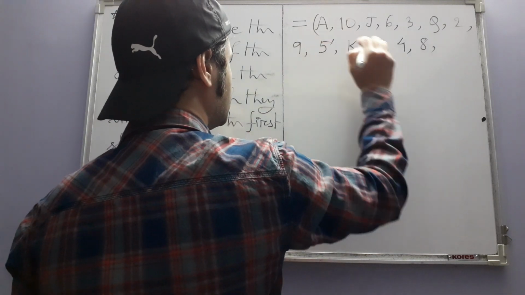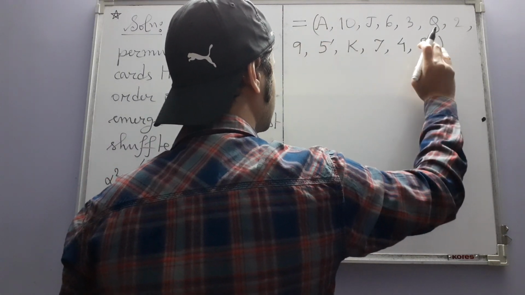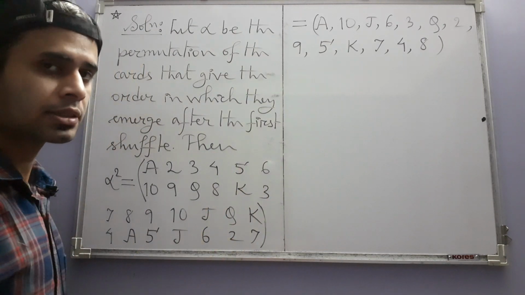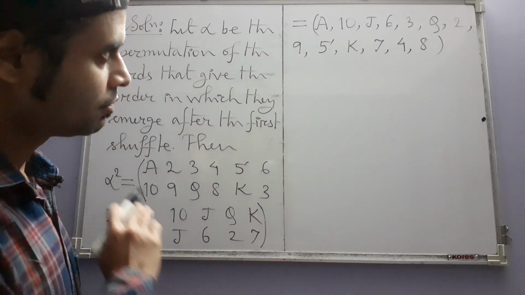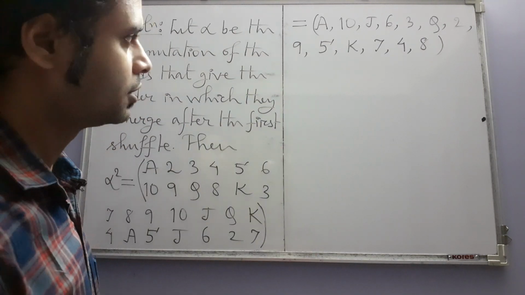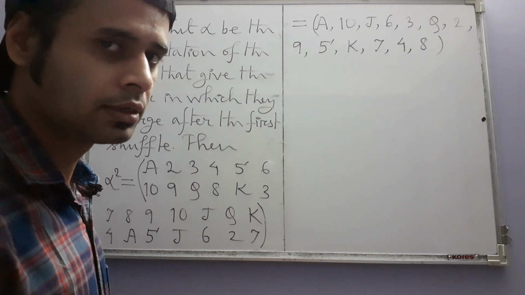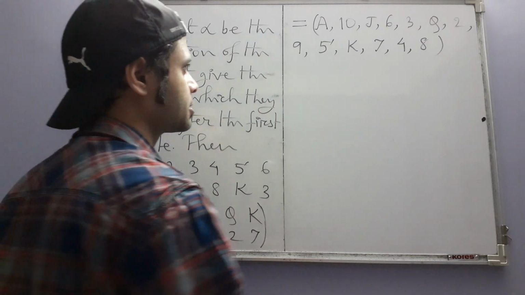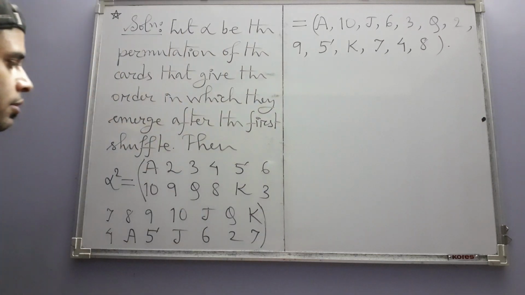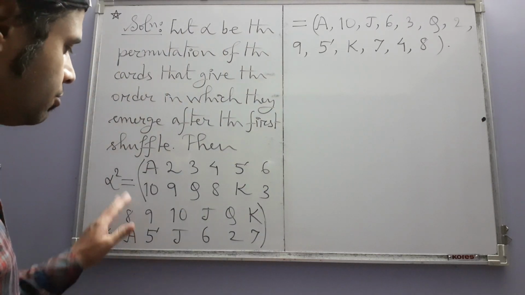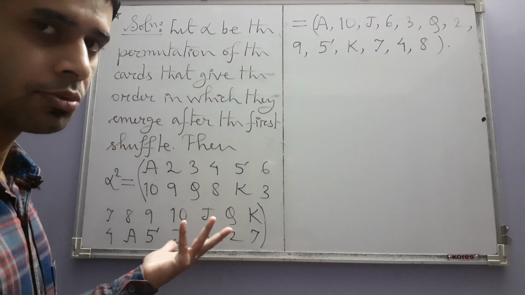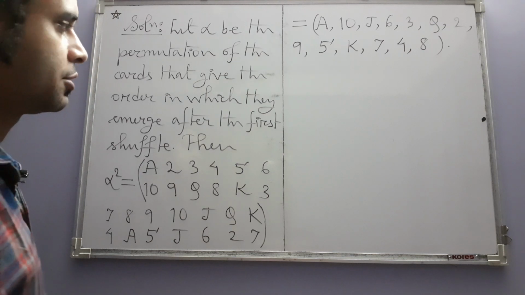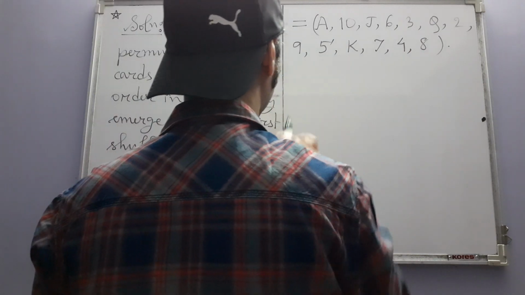That means this permutation is itself a cycle, a 13 cycle, which involves all the 13 symbols representing the 13 hearts cards. Okay, now we need to find out what alpha is. What can we possibly do? Note this.